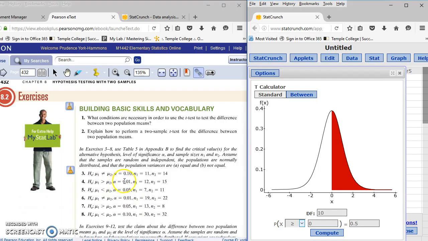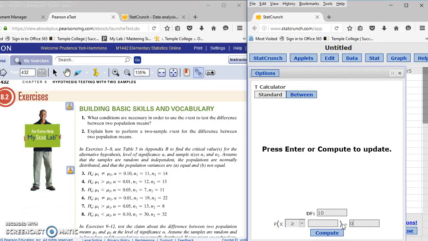Our alpha value is 0.01, so we type that into our area, 0.01. That's our probability, or the area that we're going to look at to find the critical values. And we're going to start with part A, where the variances are equal.